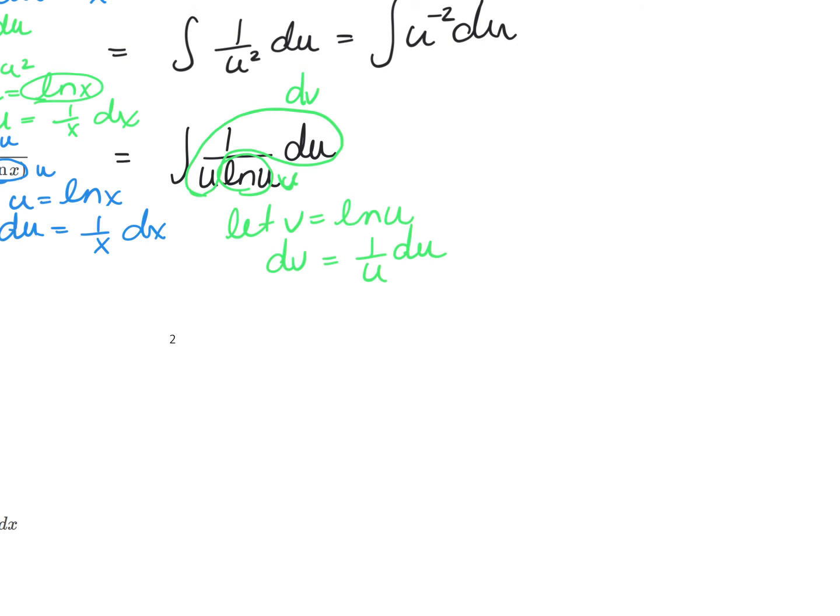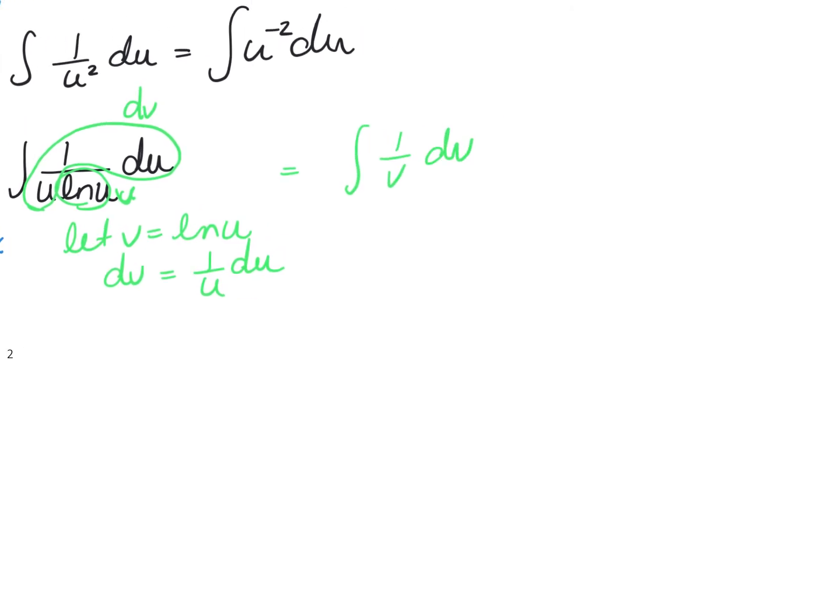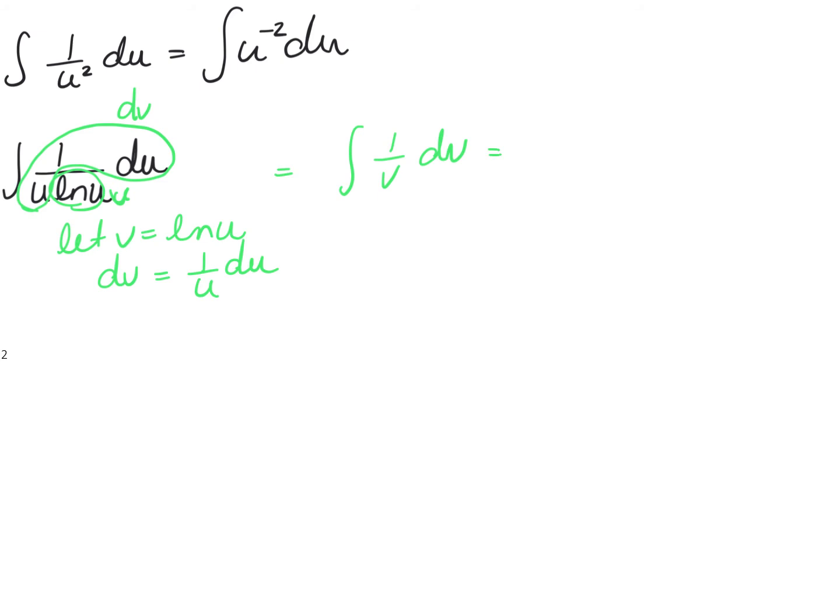So then this becomes the integration of 1 over v dv, which is the natural log of v plus c, but we weren't starting out with v. And so we're going to back sub, and so this is equal to the natural log of the absolute value of the natural log of u plus c. But wait a minute, we're not done.